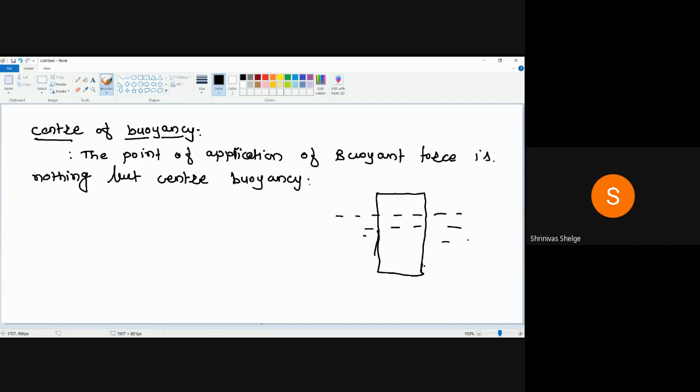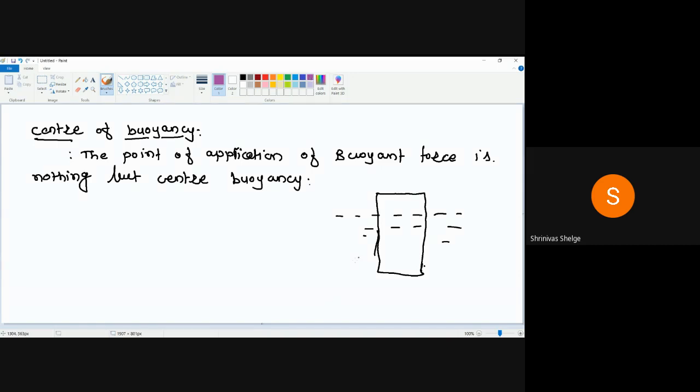Yes, the center of buoyancy means the point of application of buoyant force. The point on which the buoyant force will act is nothing but the center of buoyancy. So now the question is how to locate the center of buoyancy? Yes, anyone please?